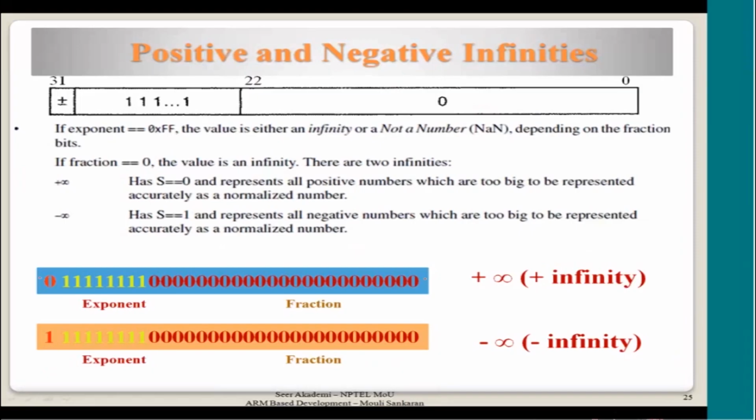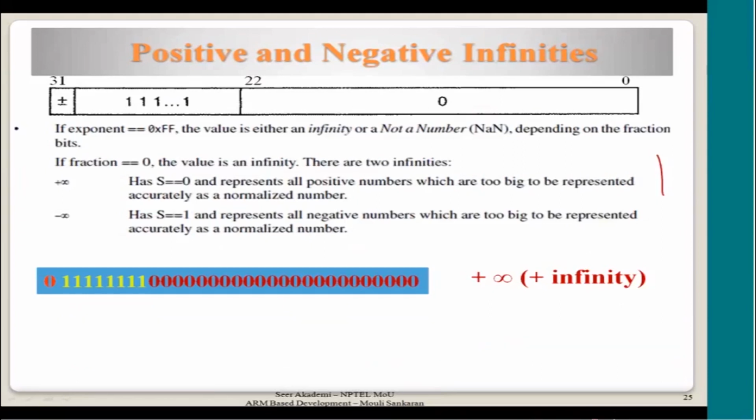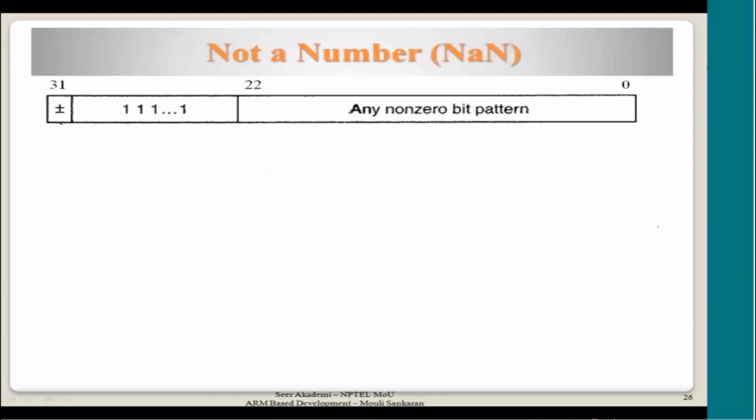And then for positive and negative infinity, all ones followed by zeros are the plus and minus infinities. So this is what is explained here. Now the interesting portion is a not a number. Suppose you have all ones followed by a non-zero pattern, it is called a not a number.